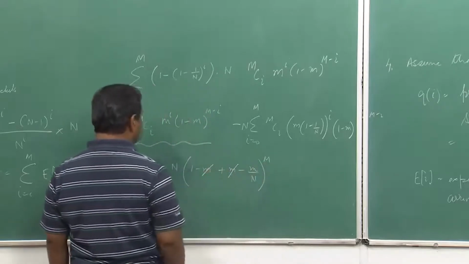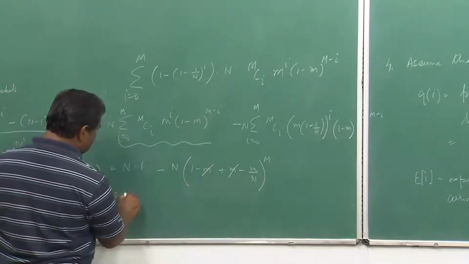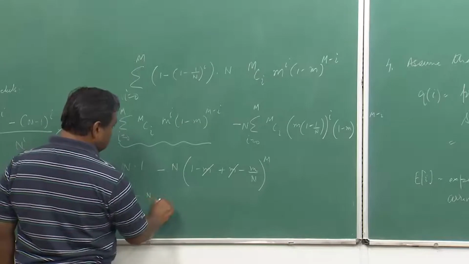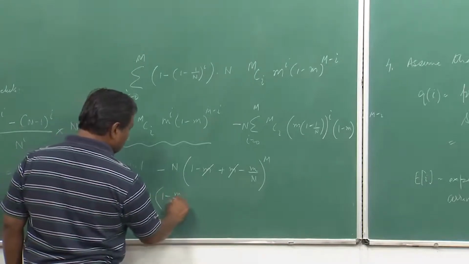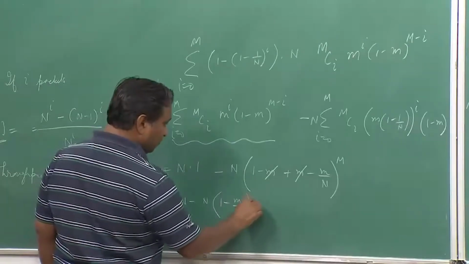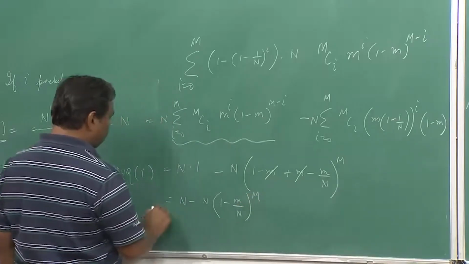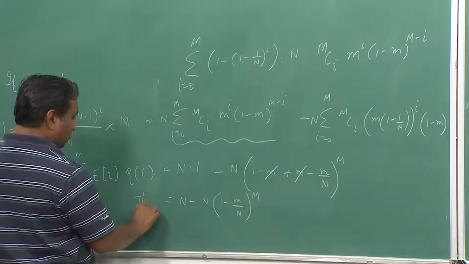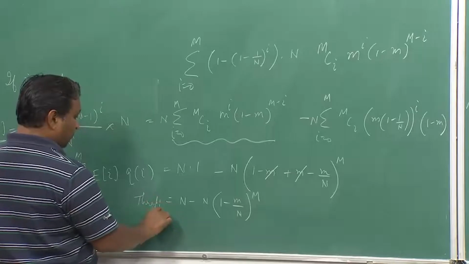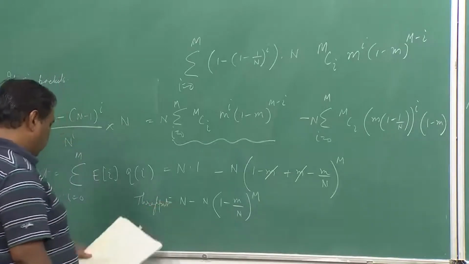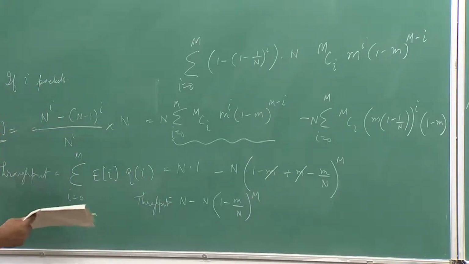So, this m cancels. So, you will have n minus n, so that is what will be your throughput for an m by n crossbar.